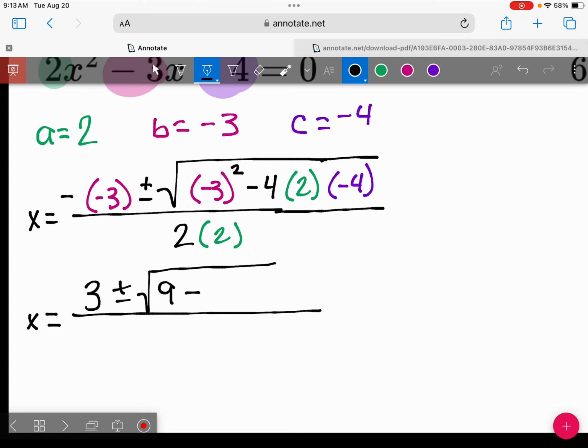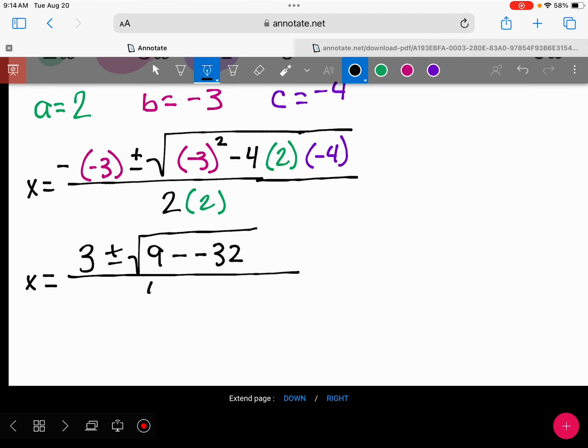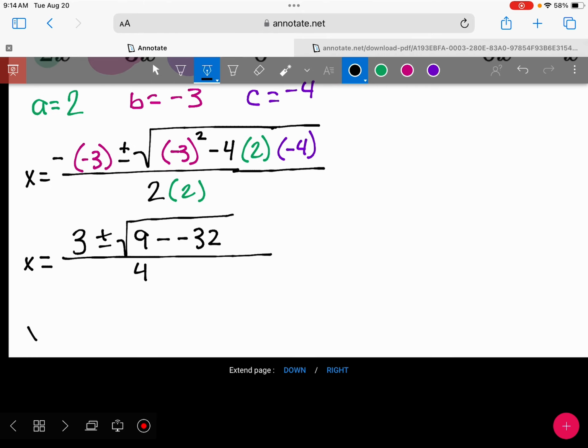Negative 32. So we have 9 minus negative 32, which means what are we doing with the 9 and the 32? Adding them. Our denominator is going to be a 4. So we're going to have 3 plus or minus the square root of what is it? 41 over 4.